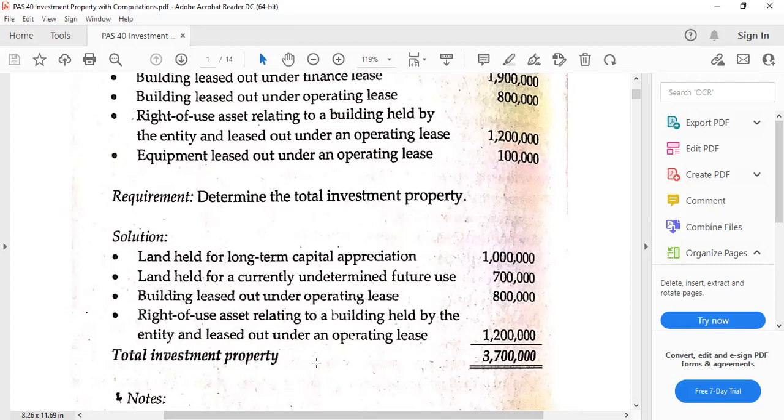Also, the right of use asset relating to a building held by the entity and leased out under an operating lease. So this is a case wherein the lessor rents a certain property, like this one building, to another entity, and that entity is the lessee.